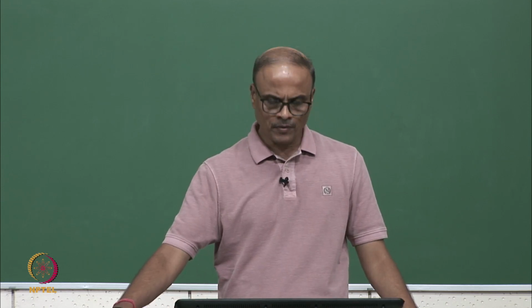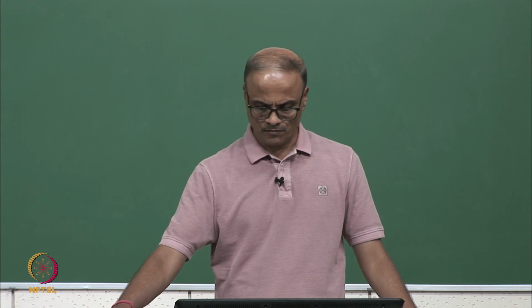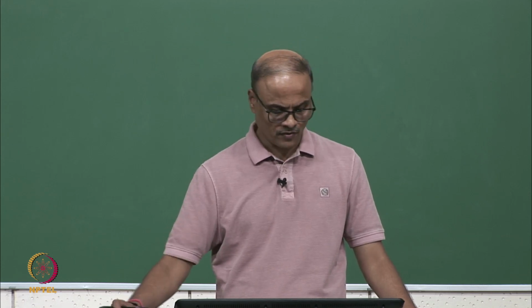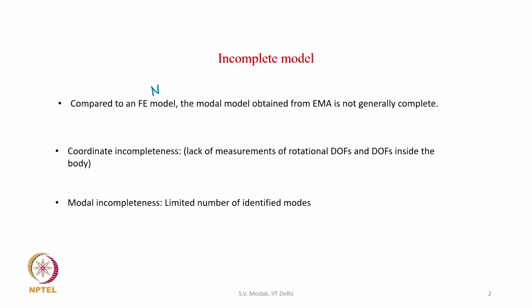The other incompleteness is associated with the number of modes that are measured, and that is referred to as model incompleteness. The number of modes which are measured in the experimental model analysis are far less than the number of modes which are there in the FE model. If the FE model has N degrees of freedom, then there are N modes the model can predict.